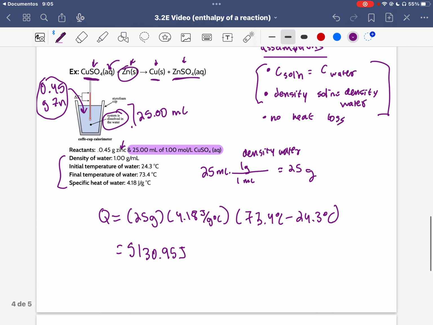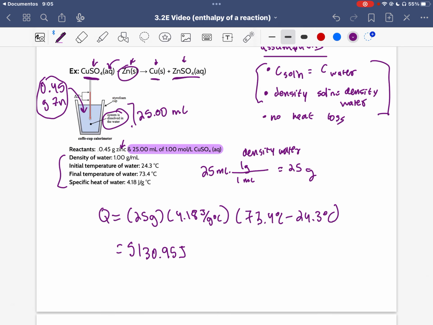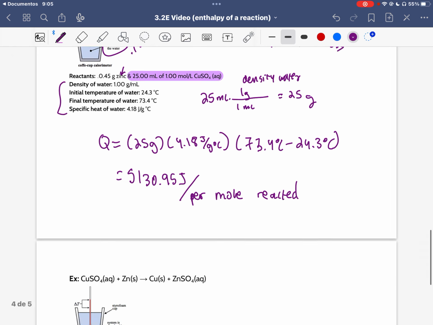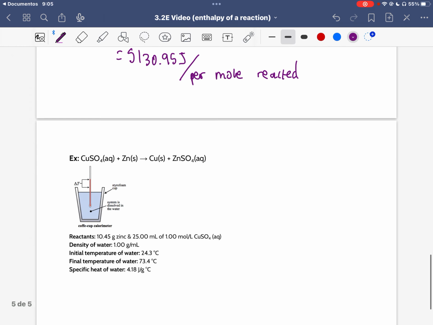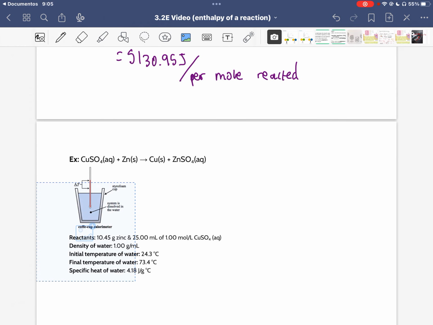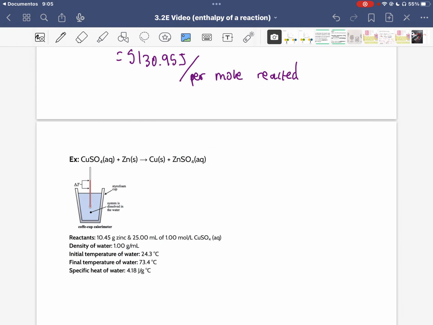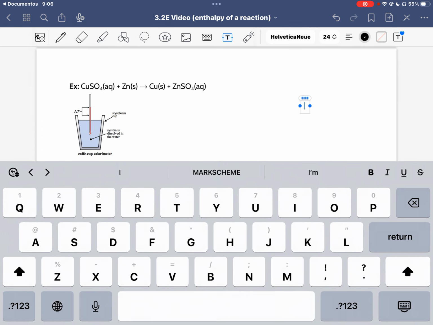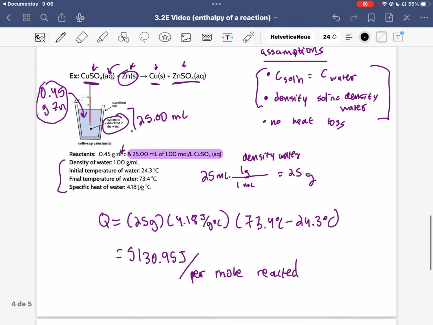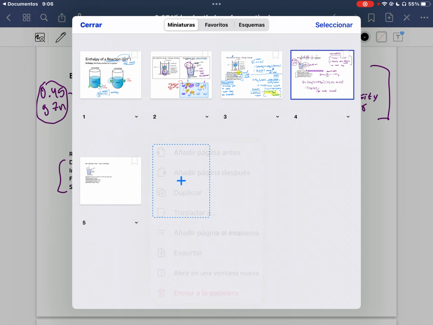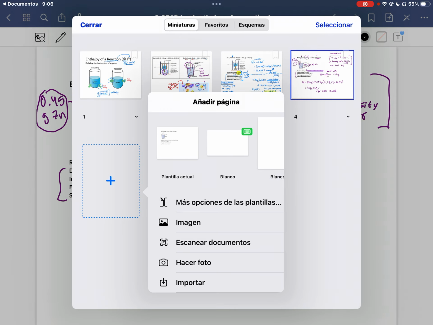All right, so what do I need to do here? Well, I need to find per mole of the thing that reacted. I have amounts for two different reactants. Let's go ahead and delete this and add in another page here.